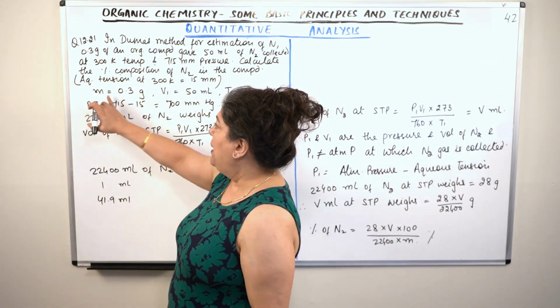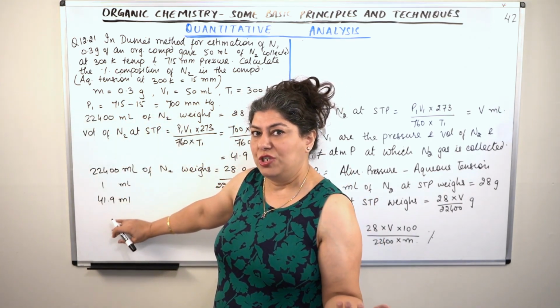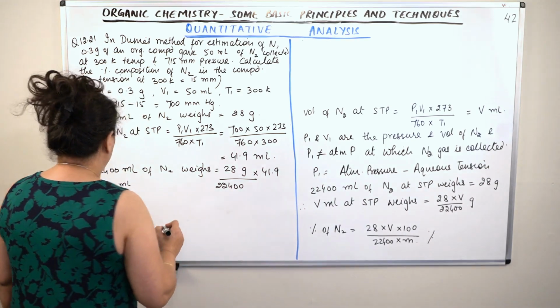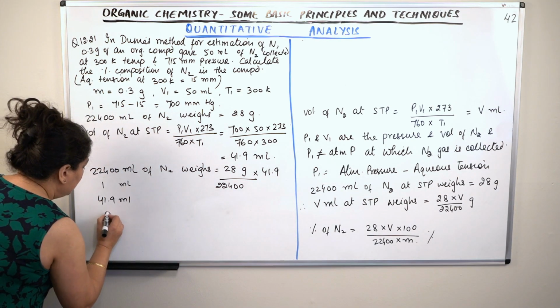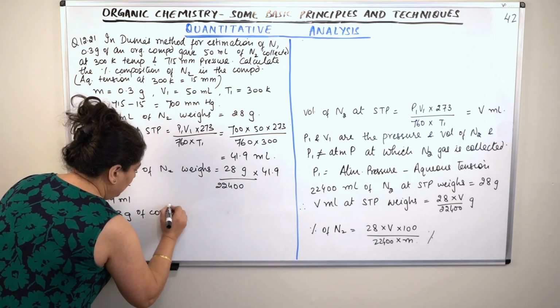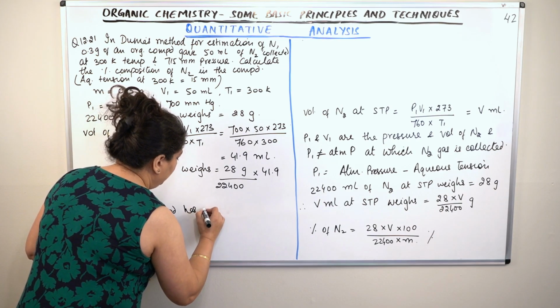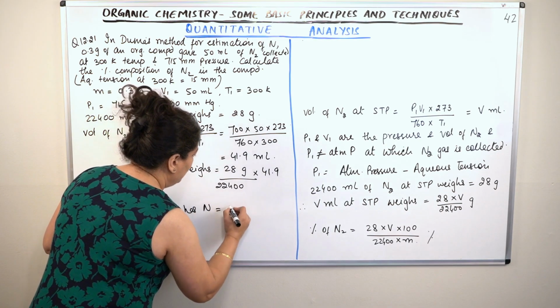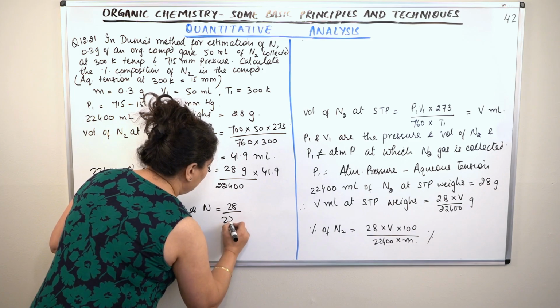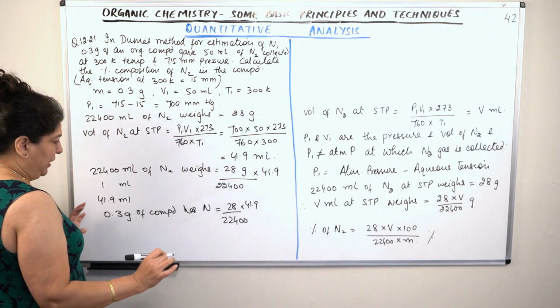And what was m? m was 0.3 grams. Now using this, we will use the unitary method again and find out the mass percentage. So 0.3 grams of the compound has nitrogen equal to 28 upon 22400 into 41.9 grams of nitrogen.